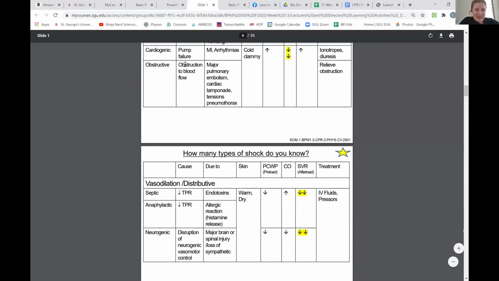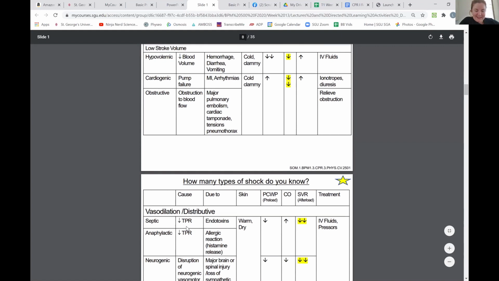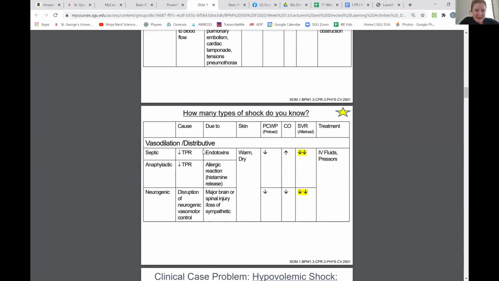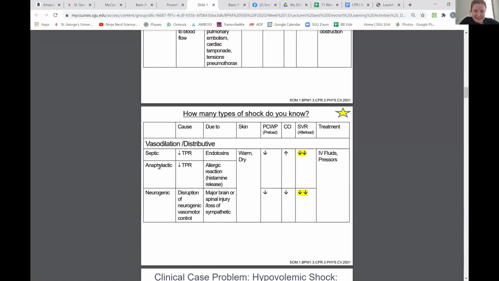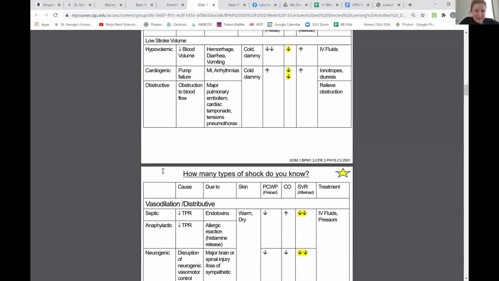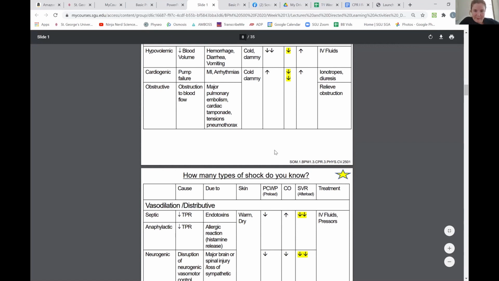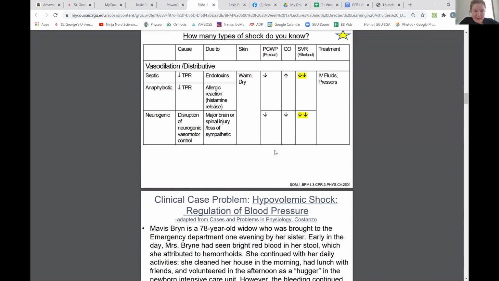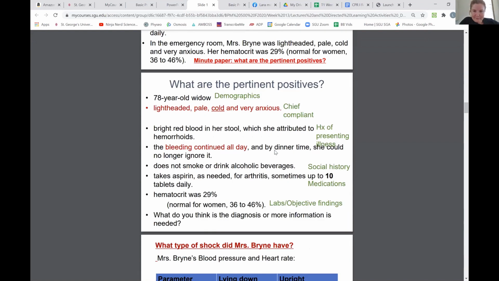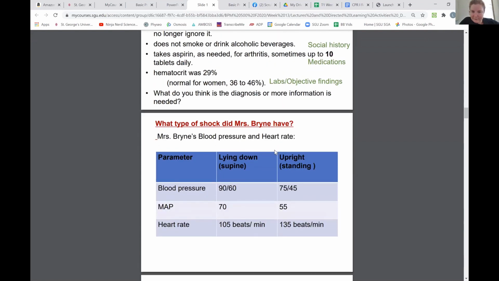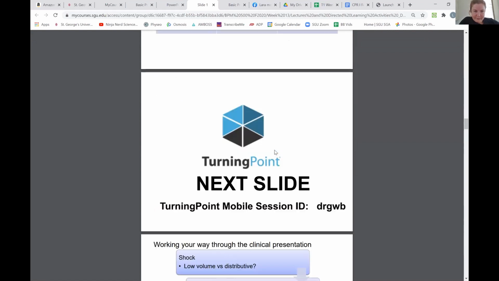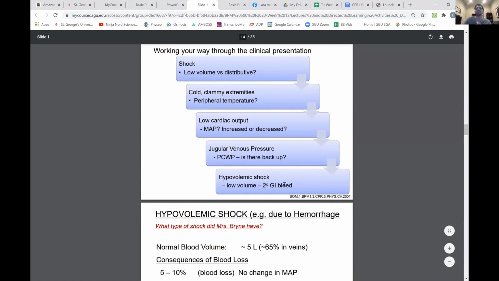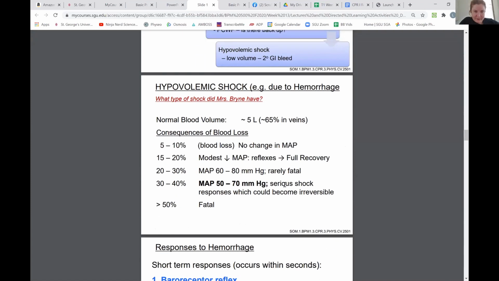So they put a bunch of different types here, but I think for us, hypovolemic is really big. Septic or anaphylactic is really big, but those are the big high yield ones that I remember. But you might get one question over this kind of stuff right here. Again, what happens with the different values?